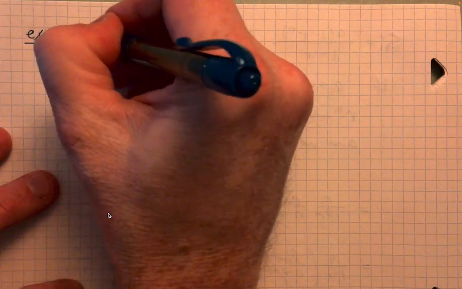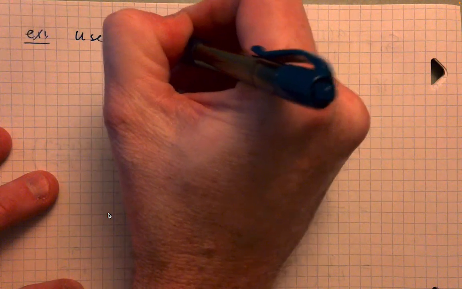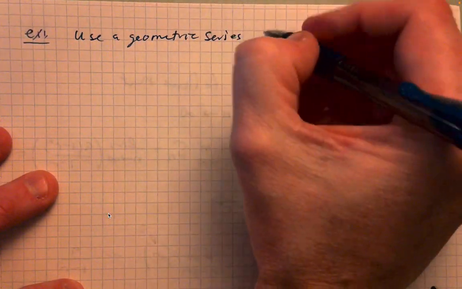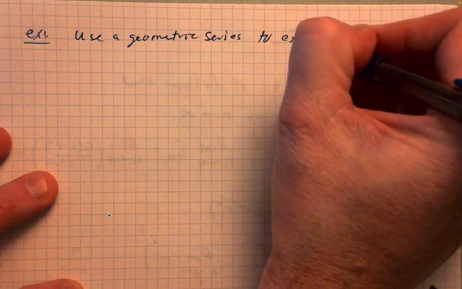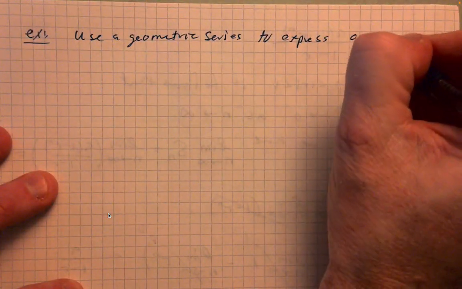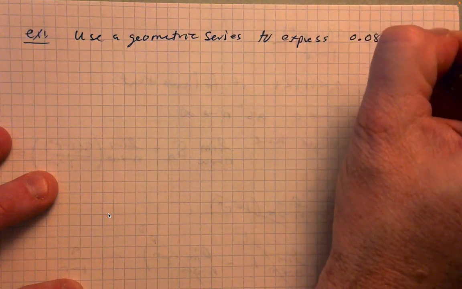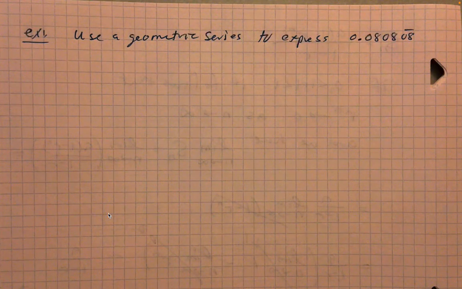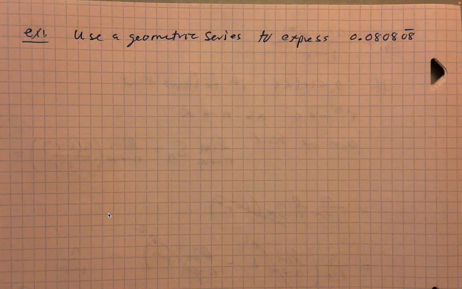Here we're going to use a geometric series to express 0.080808 repeating forever, the 08 piece, 08, 08, 08, 08. We basically want to express this as an infinite summation.